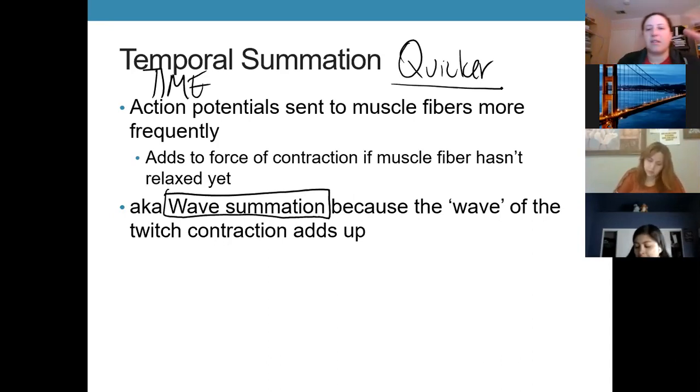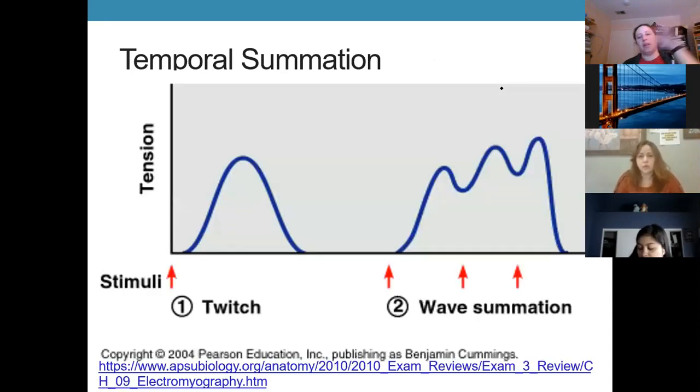Wave summation is the descriptive term for it because it looks like we're adding up waves when we actually graph it. So the idea with wave summation or temporal summation is that before we achieve full relaxation, we stimulate again.